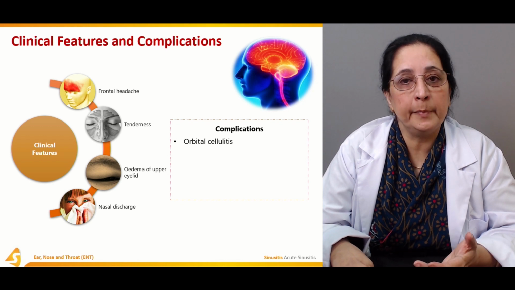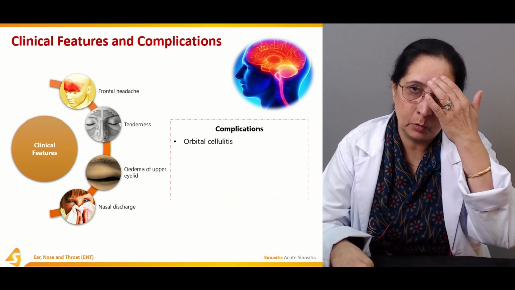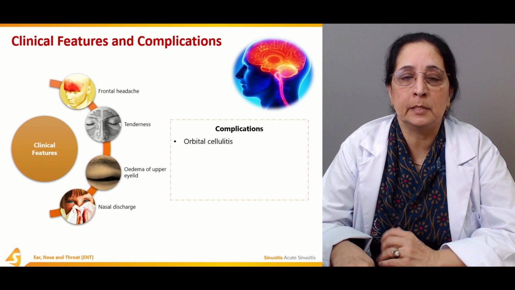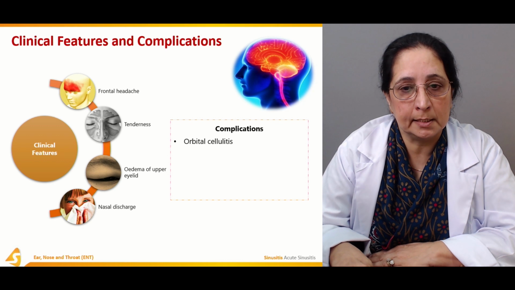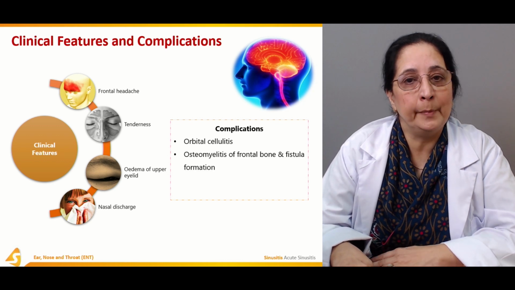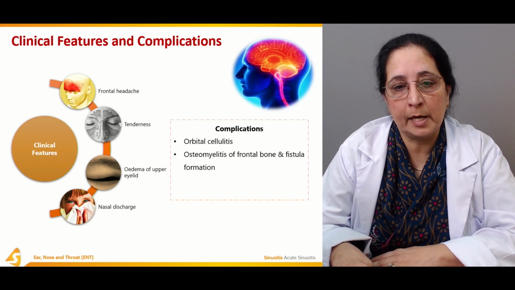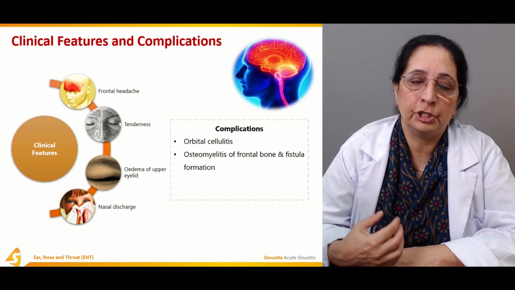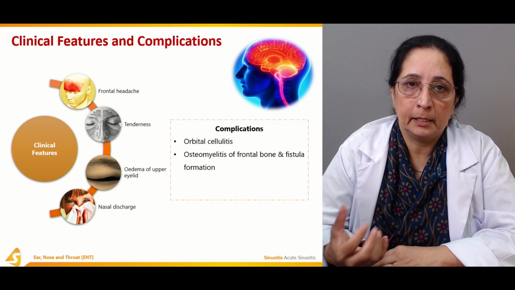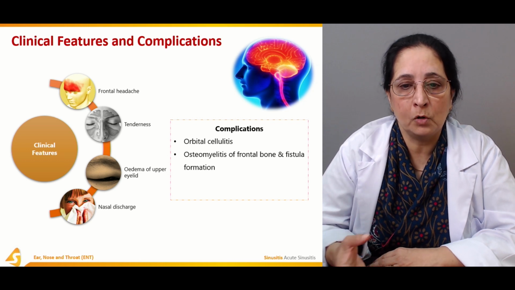Complications include orbital cellulitis; the frontal sinus is present very close to the orbit, so orbital cellulitis is common. Osteomyelitis of frontal bone and fistula formation can occur as a result of infection and destruction of the bone.